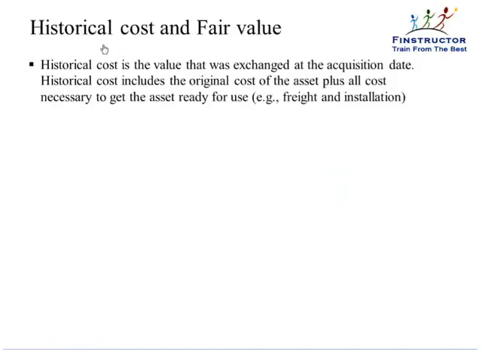Another important concept is that of the historical cost and fair value. So historical cost is the value that was exchanged at the time of acquisition, or the cost price of the asset. So this includes the original cost as well as all expenditure that needs to be made to get the asset ready for use. So freight, labor, installation, anything that needs to be spent for the asset to be in use would be a part of the historical cost.